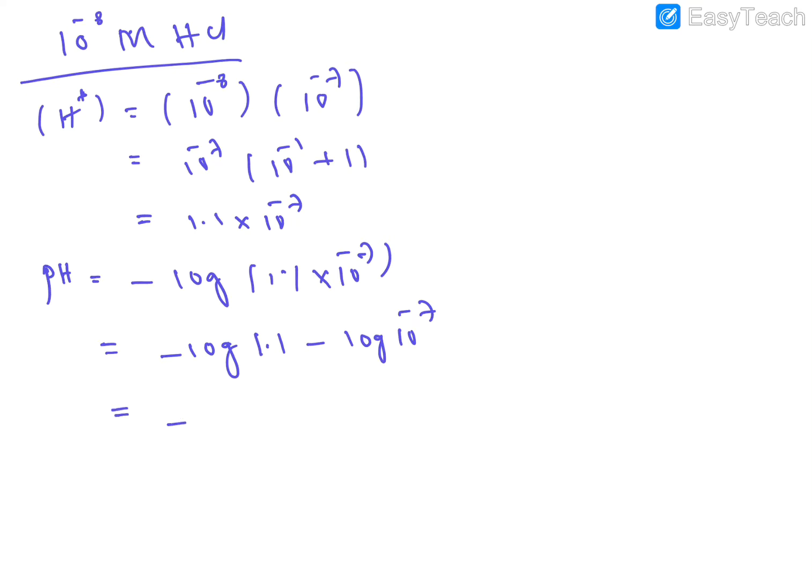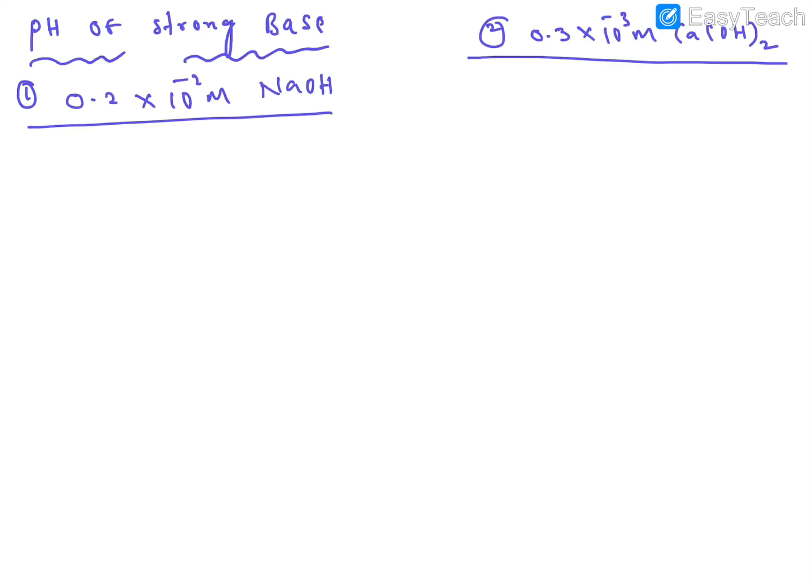So we get minus 0.041 plus 7, which equals 6.95. So it is very nearly neutral. So this is the pH calculation for an extremely dilute concentration of acid.